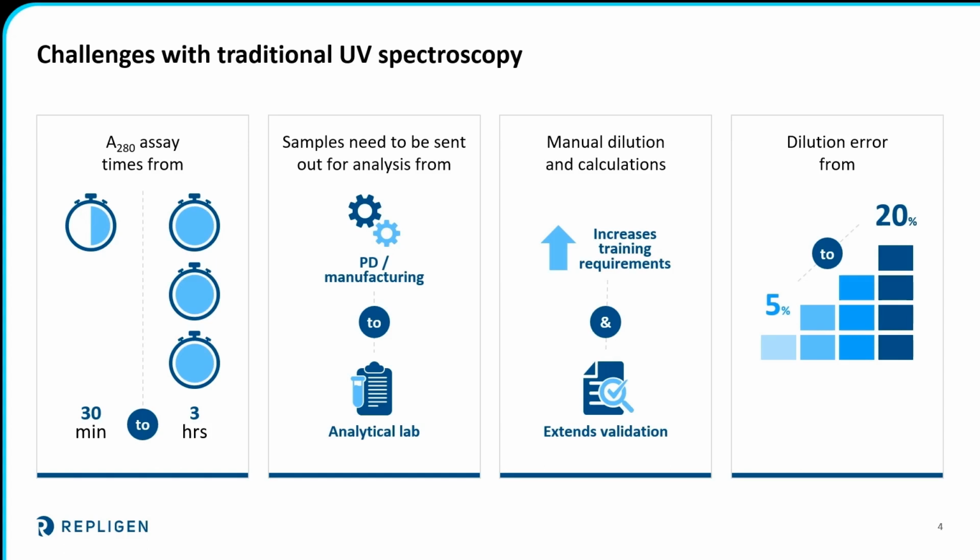Additionally, samples that need to be sent out for analysis are bound by the wait times associated with how long and where those groups are on site to be able to perform that work and report the values back. I'll touch a little bit on the manual dilutions versus volumetric in the next slide. But what the real pain point and takeaway here, outside of the time spent with the sample prep, is the dilution error from analyst to analyst, which can range anywhere from 5 to 20%.